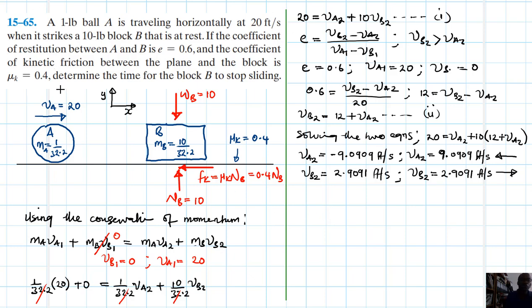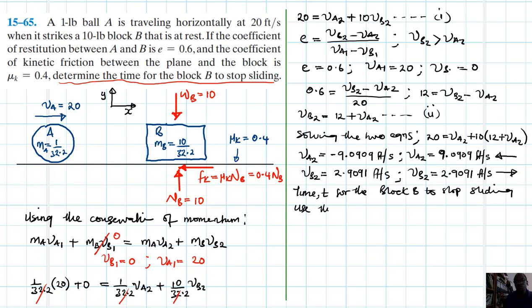Alright, so we have this part here to find: the time t for the block B to stop sliding. So use the principle of impulse and momentum.